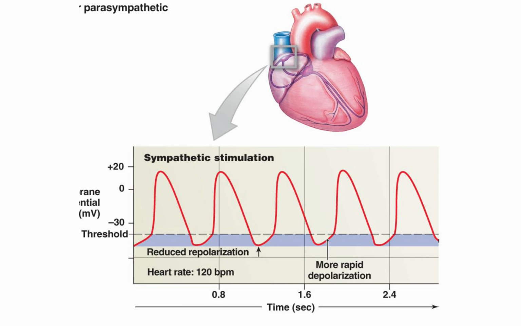Whereas sympathetic stimulation is going to open some sodium channels, and that's going to increase the resting potential. So the heart doesn't have as far to go to reach threshold, and so it's going to reach threshold faster, and that's going to increase heart rate. So that's how the autonomic nervous system changes our heart rate, and that's the main factor influencing our heart rate, is the autonomic nervous system.